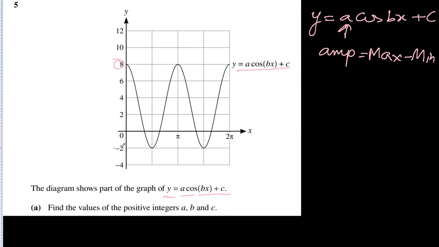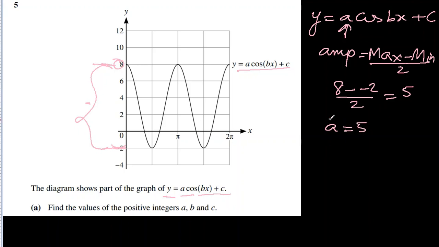If we subtract the minimum from the maximum, we get this distance from here to here. And if we halve this distance, that becomes the amplitude. So divide by 2. Maximum is 8, minimum is minus 2, divided by 2. 8 plus 2 over 2 is 5. So the value of a is 5 because the amplitude is 5.